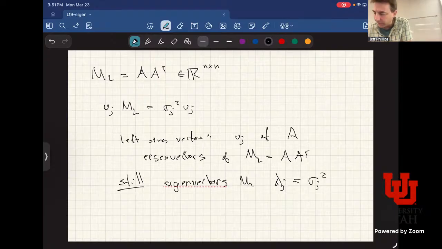Okay, so I'm still getting the eigenvectors are still the same.